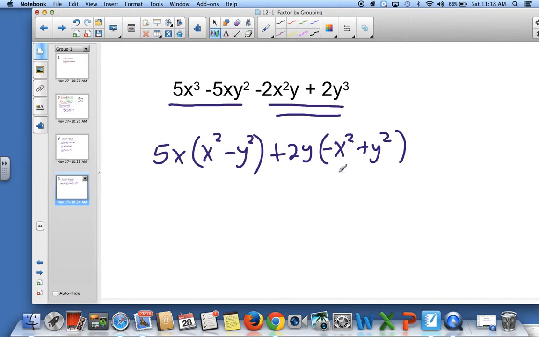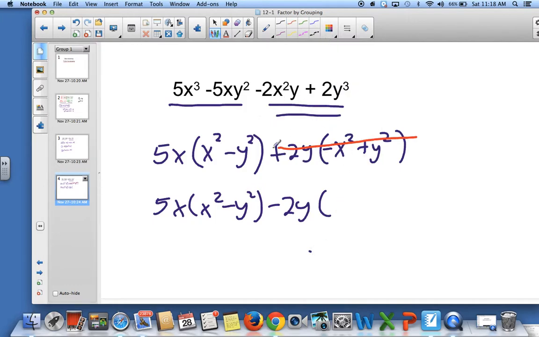So I'm going to say, wait a minute, instead of taking out a 2y, let's back this up and say 5x times x squared minus y squared. Instead of that, I'm going to take out a negative 2y. It will look like this.